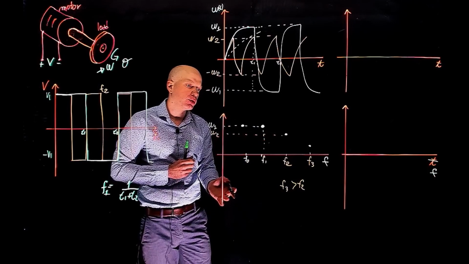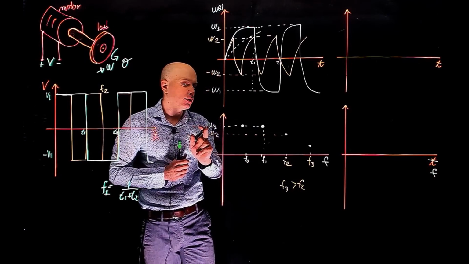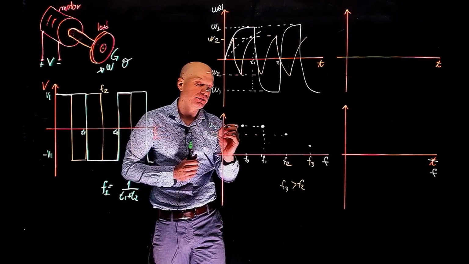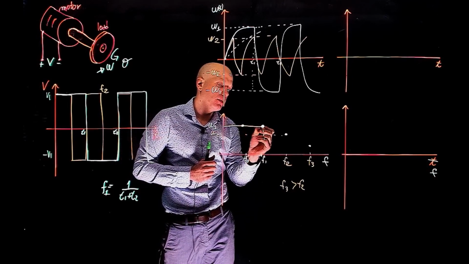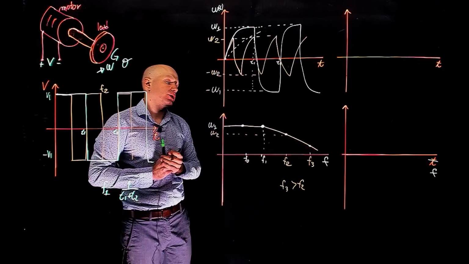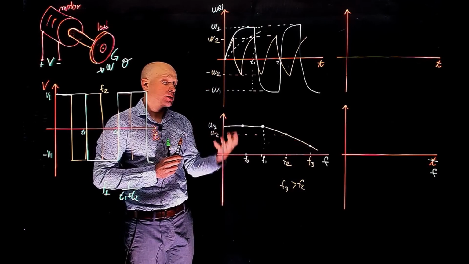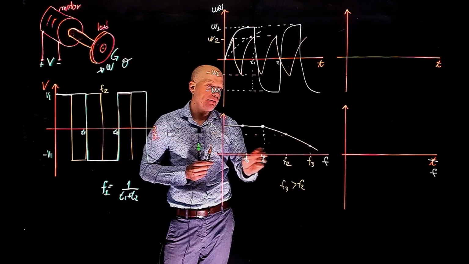And you can see that this approaches the gain plot on a Bode plot. We have the magnitude of the output past F1 will now start to decrease. We assume that F1 is exactly the cutoff frequency of the system.